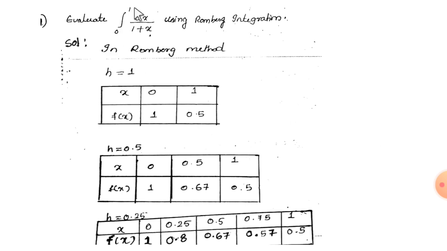Evaluate the integral from 0 to 1 of 1 by 1 plus x dx using Romberg integration. The first step is to divide this interval. Here we are dividing the interval three times, that is, we are taking h equal to 1, then h equal to 0.5, and h equal to 0.25.